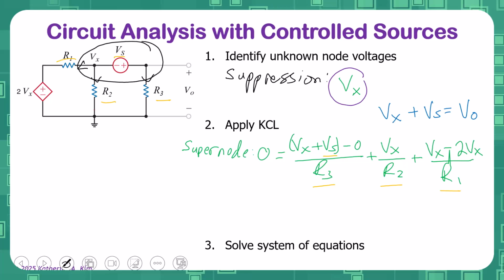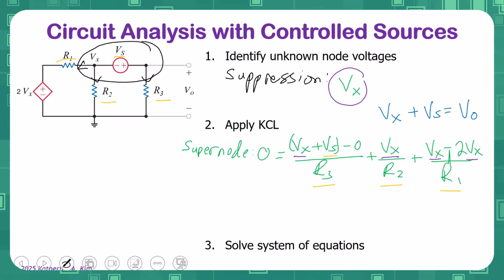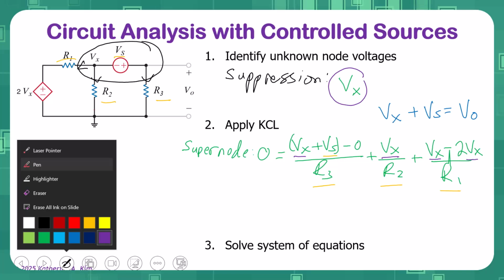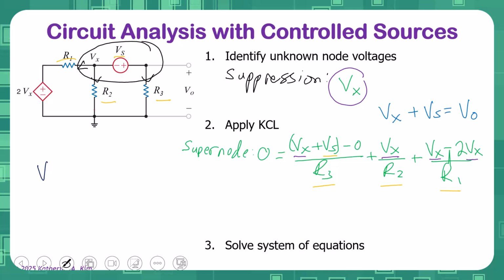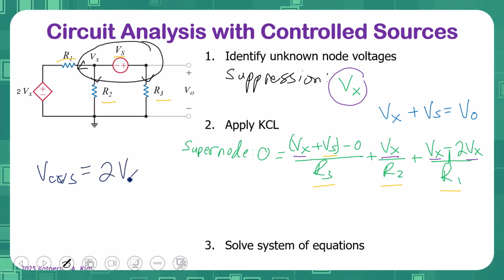We are very lucky in this case because Vx, Vx, Vx, and 2Vx, we have everything already in terms of our dependent variable, and we were lucky in this equation because, and I'll write it out over here, it happens that the voltage of our controlled voltage source is equal to 2Vx, and that was already, so that's this voltage here, negative to positive.